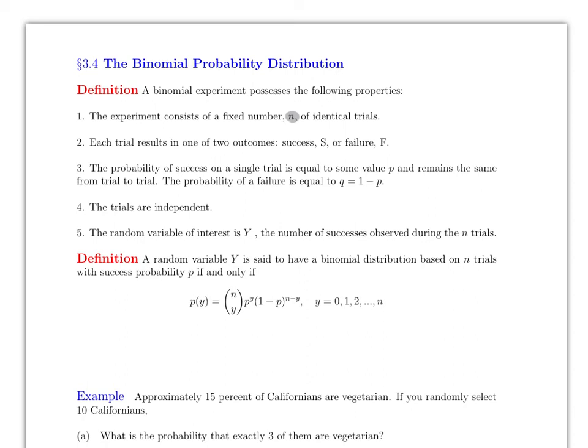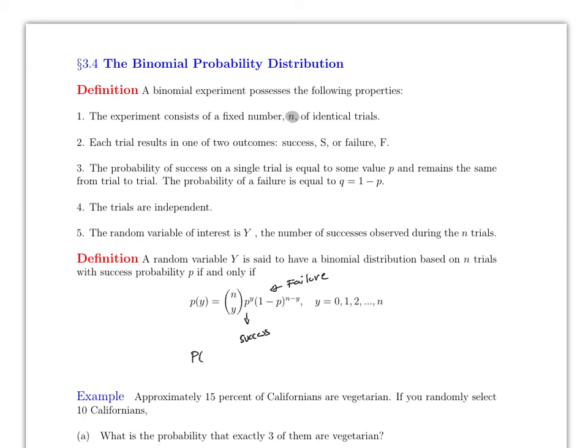So p is the probability of success. The formula is technically counting all the different ways in which you can be successful, but you also have to take into account all the ways in which you can fail.